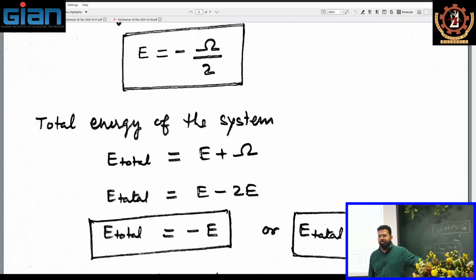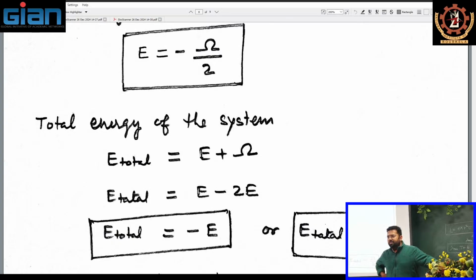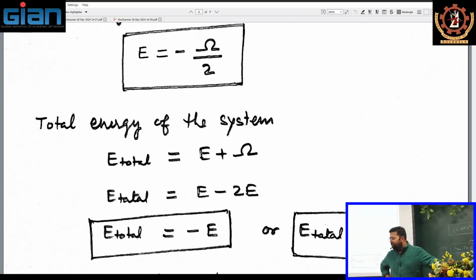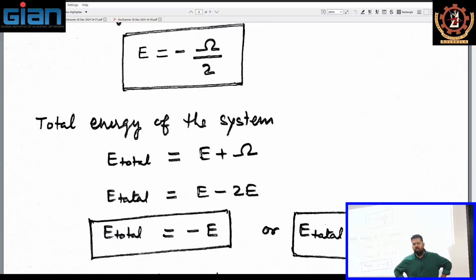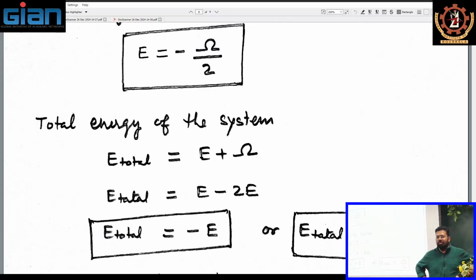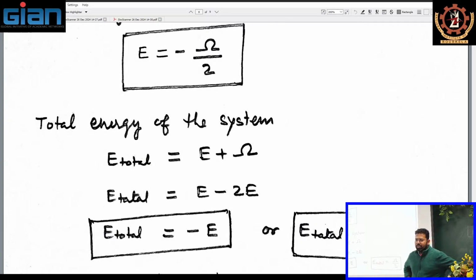What does that mean? The system is bound. Whenever the total energy is negative, we say that the system is bound. So what is the characteristic of a bound system? If you think in terms of internal energy and potential energy, the potential energy is much higher in magnitude compared to the internal energy of the system.